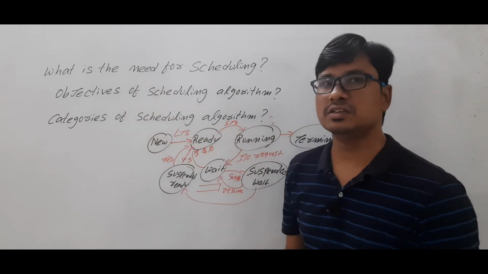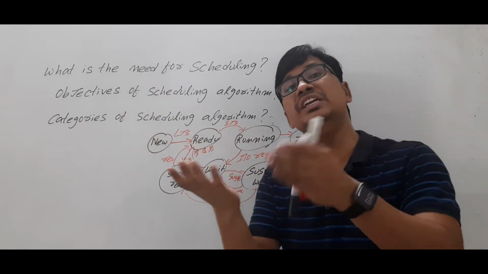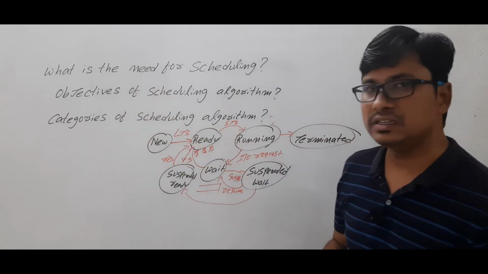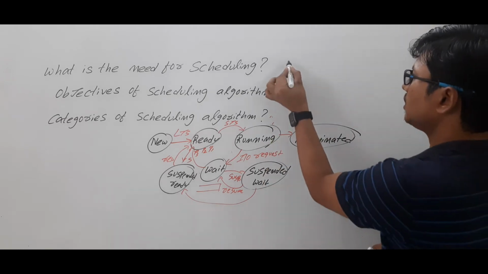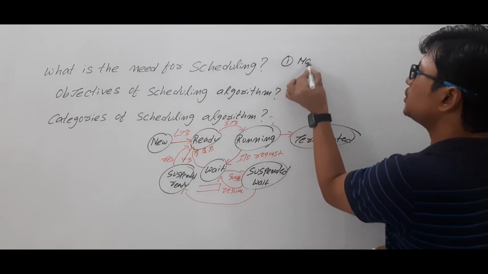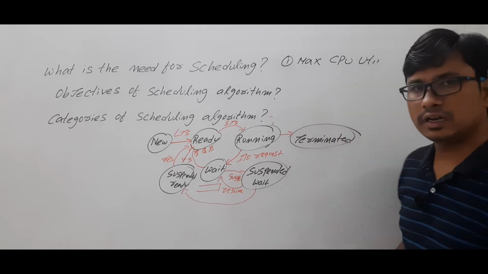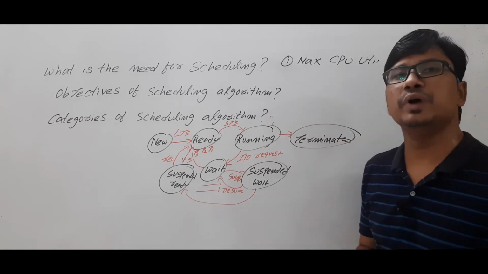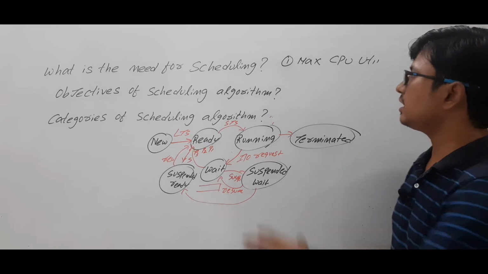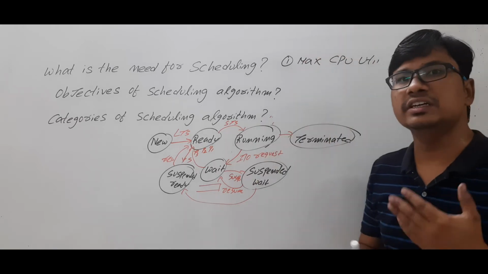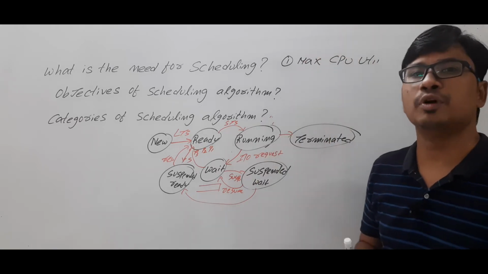Now we will discuss what the objectives of any scheduling algorithm are. One is maximum CPU utilization. This is very important. Is it clear? You should not make the CPU idle. Any scheduling algorithm's first objective is to utilize the CPU properly.